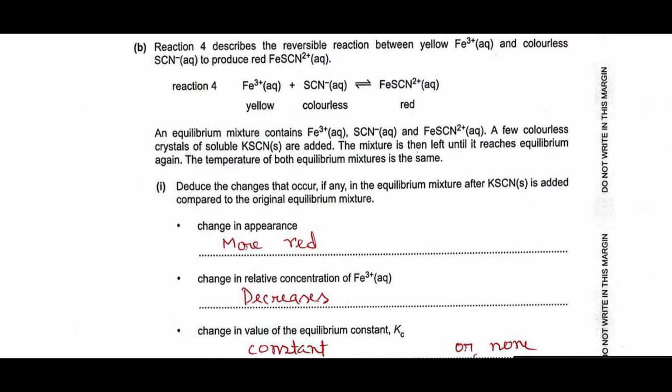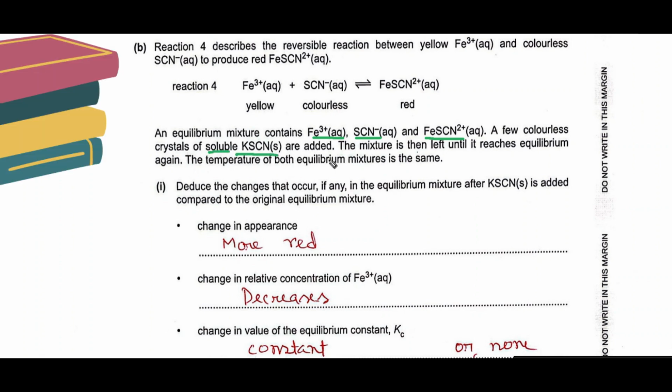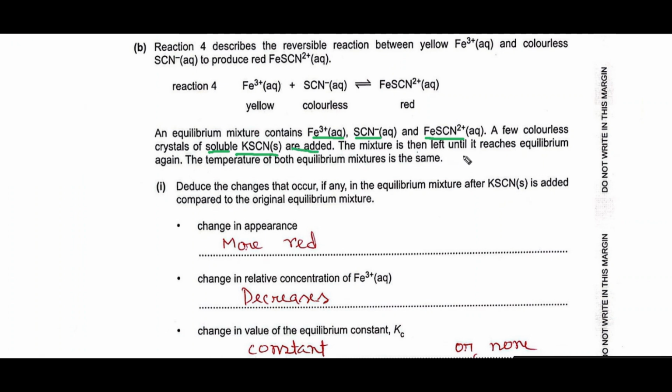An equilibrium mixture contains iron 3 ion, thiocyanate ion and iron thiocyanate aqueous. A few colorless crystals of soluble potassium thiocyanate are added. The mixture is then left until it reaches equilibrium again.